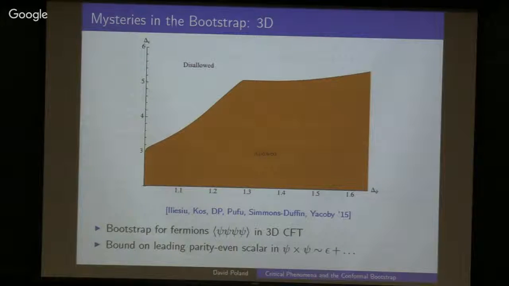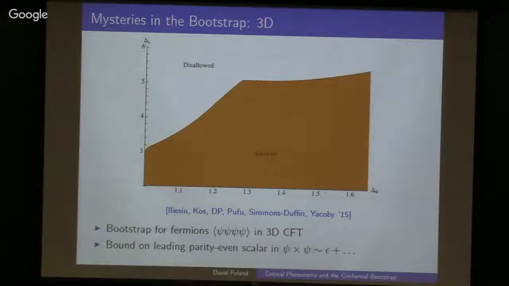Okay, so before I conclude, let me just mention that there are many other places where you can try to do the bootstrap, including not scalar correlators, but fermion 4-point functions. You can also do it in supersymmetric theories, and so on. In fact, there are some situations where we've computed bounds from the bootstrap, we've seen some kinks, and we don't yet know how to interpret them.